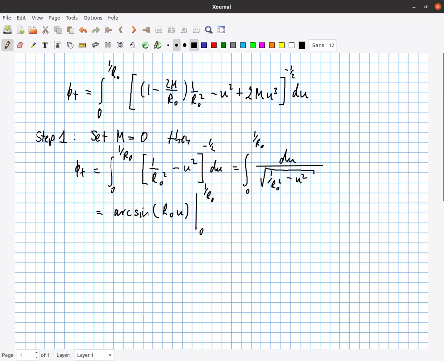You know that the arcsine function is 0 at 0, and if we then evaluate this integral at 1 over r naught, what we get is simply the arcsine of 1, which is pi over 2, because sine of pi over 2 is 1.